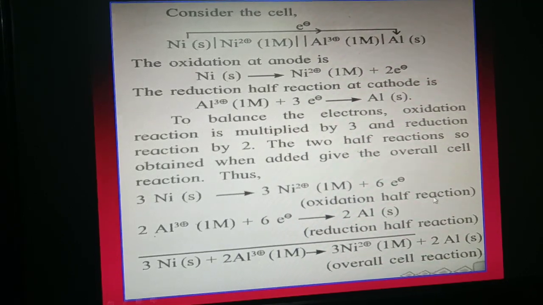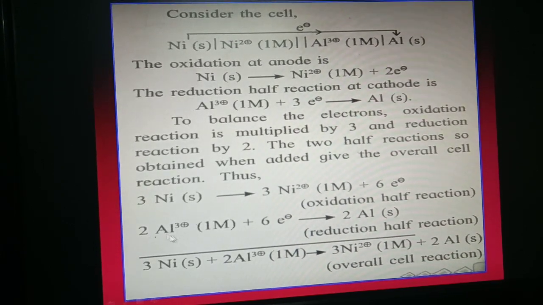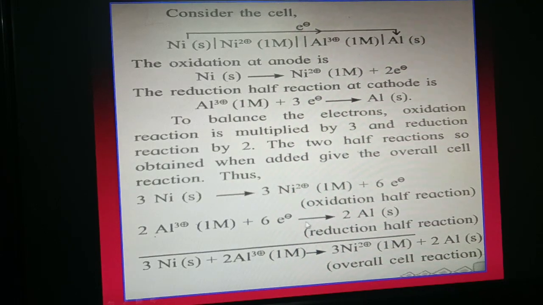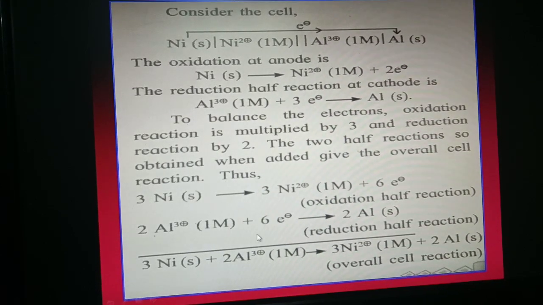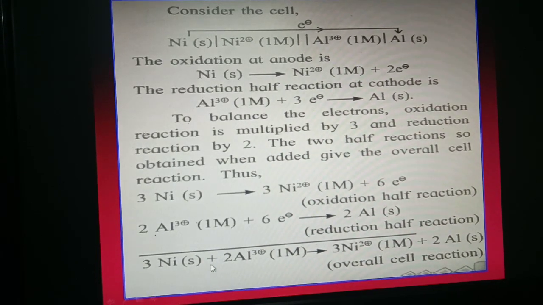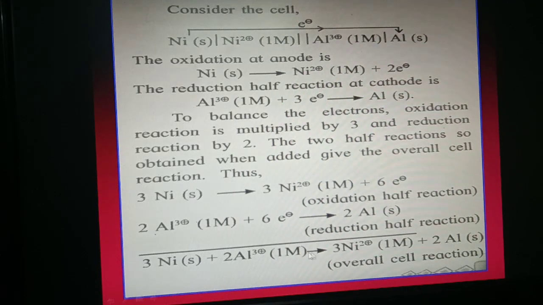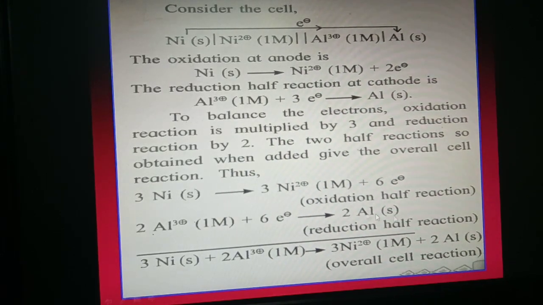This is the revised oxidation half reaction. And the second reaction is 2 Al3+ plus 6 electrons gives 2 Al. So the electrons that are lost are gained in the second reaction, and we get the overall cell reaction as 3 Ni solid plus 2 Al3+ gives 3 Ni2+ plus 2 Al.